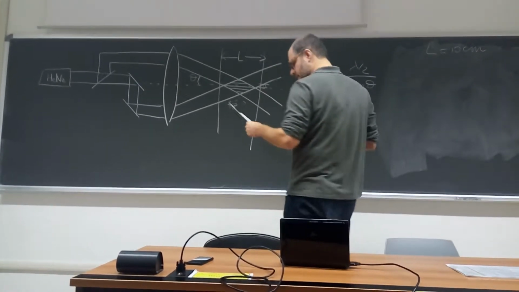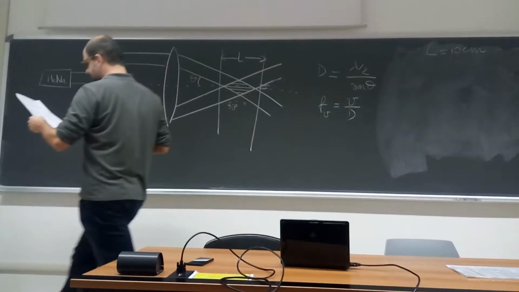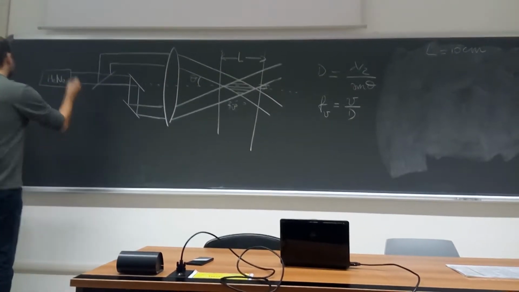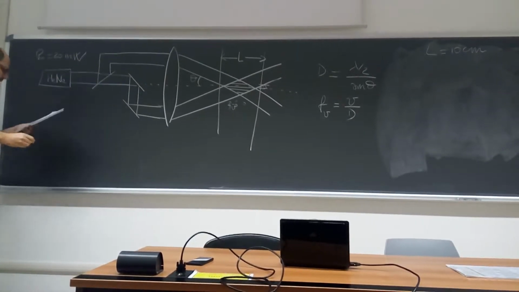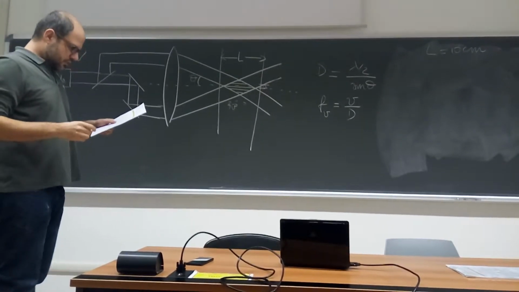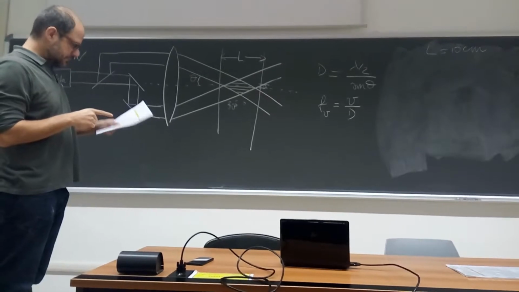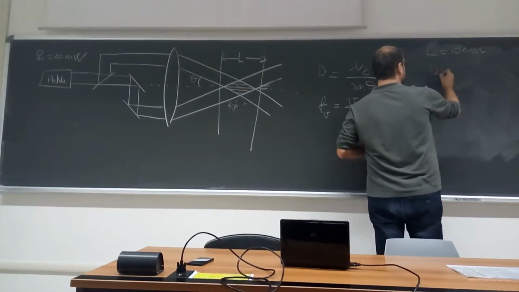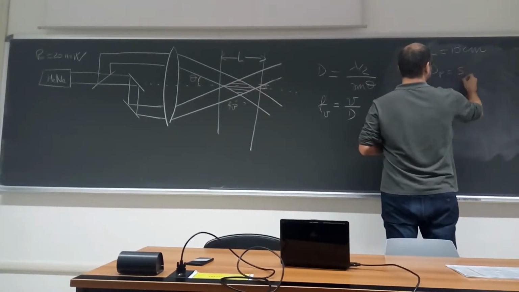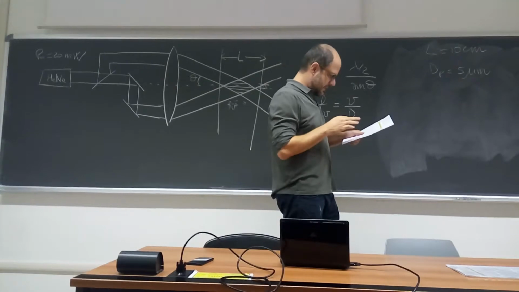Then we know that the HeNe laser emits 20 milliwatt of power. The diameter of the particle is equal to 5 micrometer.